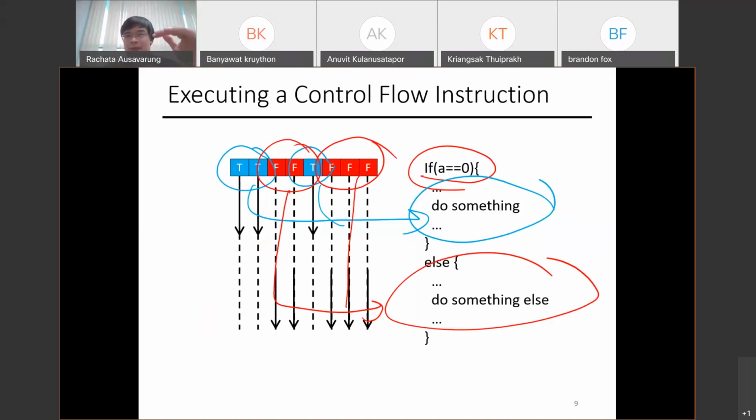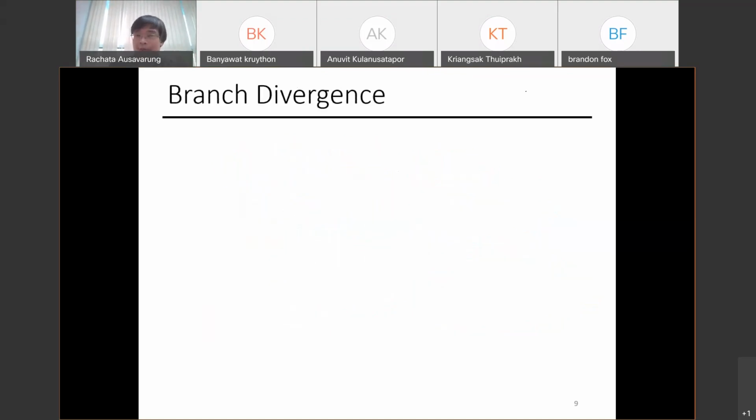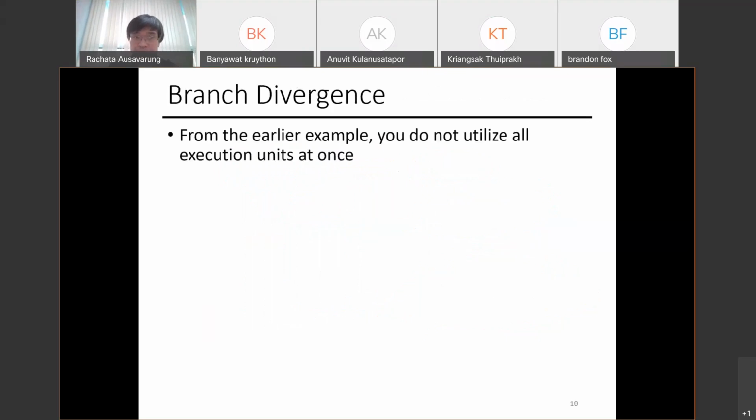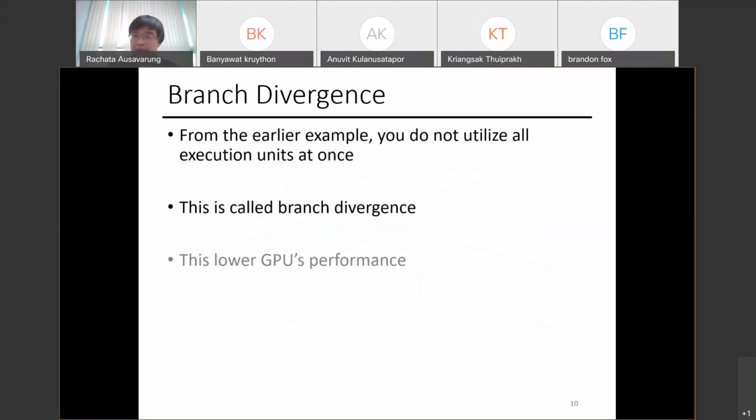Over here, in the if case, only 3 threads are active. The other 5 threads are like, I'm not doing anything. For the else part, the false threads are active, I'm doing something, but the true threads are not doing anything. This issue is called branch divergence. So this basically lowers GPU performance.